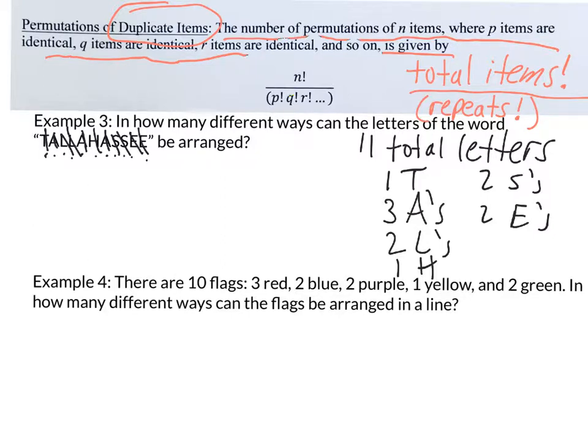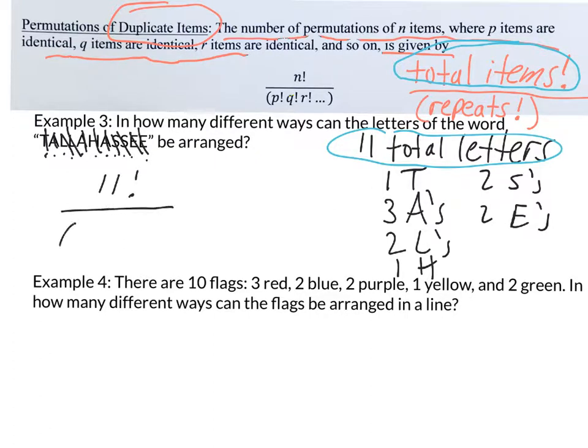Now that we have the layout, let's go ahead and plug into the formula. We said for the formula, you're going to take the total number of items and put it on the top of the fraction with a factorial. So there are 11 total letters. So I'm going to write 11 factorial on the top of my fraction bar.